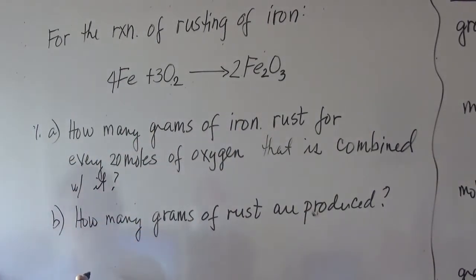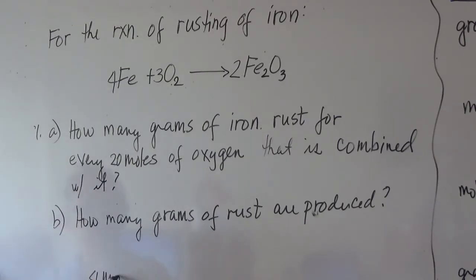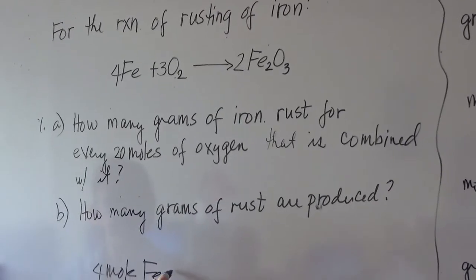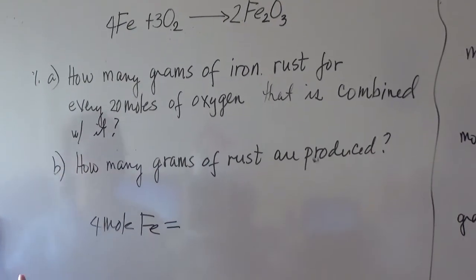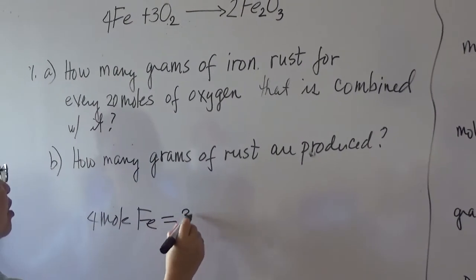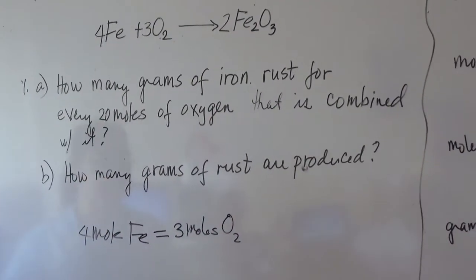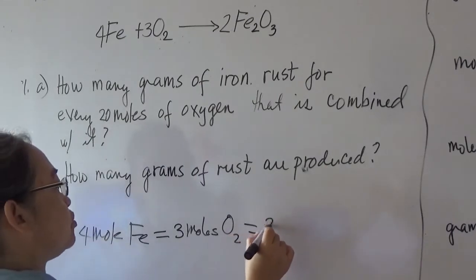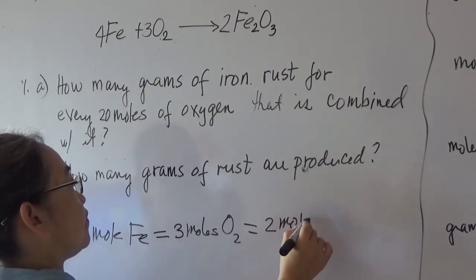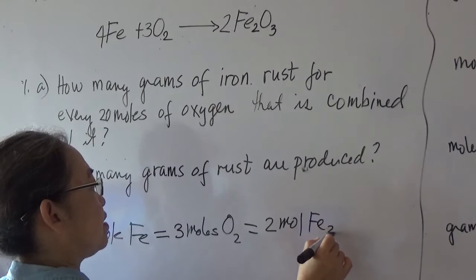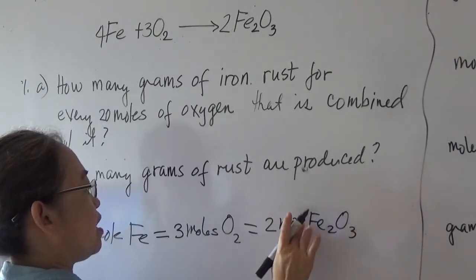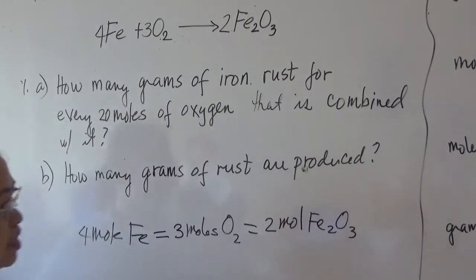This means that you have 4 moles of iron. That would be equivalent to, or it needs, 3 moles of oxygen, so that it will produce 2 moles of ferric oxide. So this is actually one of the stoichiometric relationships that is based on the balanced equation.